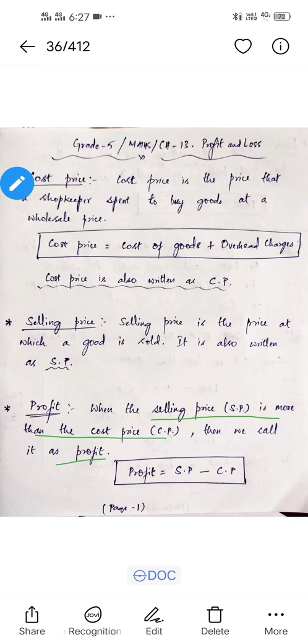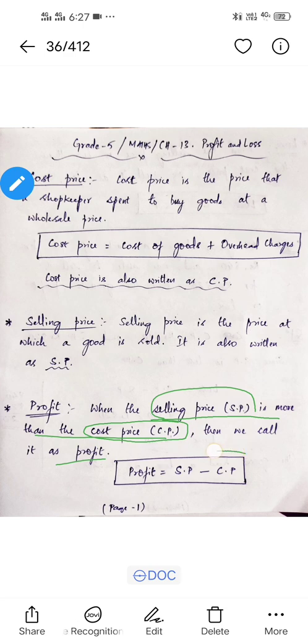Just like in the example that I said just now, if I buy a shoe for rupees 500, that is cost price, and I'm selling the shoe for rupees 600, that is selling price. So here in this example, selling price is more, right? So that means I'm making a profit.